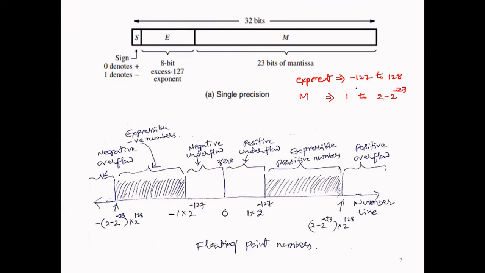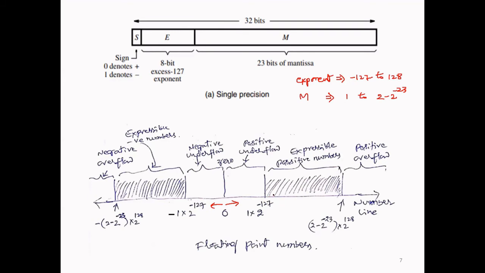If you remember this, then let us see the range diagram of floating point numbers. From here all the positive numbers, this is the 0 point. From here, all negative numbers. Coming to the positive side, what is the minimum positive number we can represent in single precision 32-bit floating point?